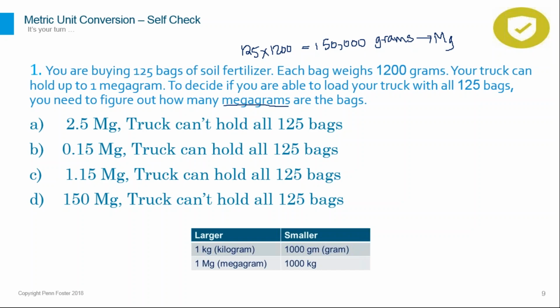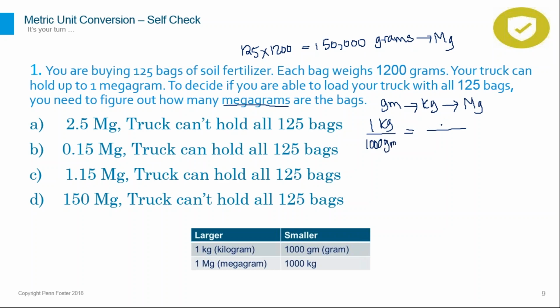So let's do it the way it is in our table, assuming that we don't have any extra information. Our plan is to convert grams to kilograms, and then finally to megagrams. The first proportion is going to be factual information with the grams and the kilograms: 1 kilogram is equivalent to 1,000 grams.